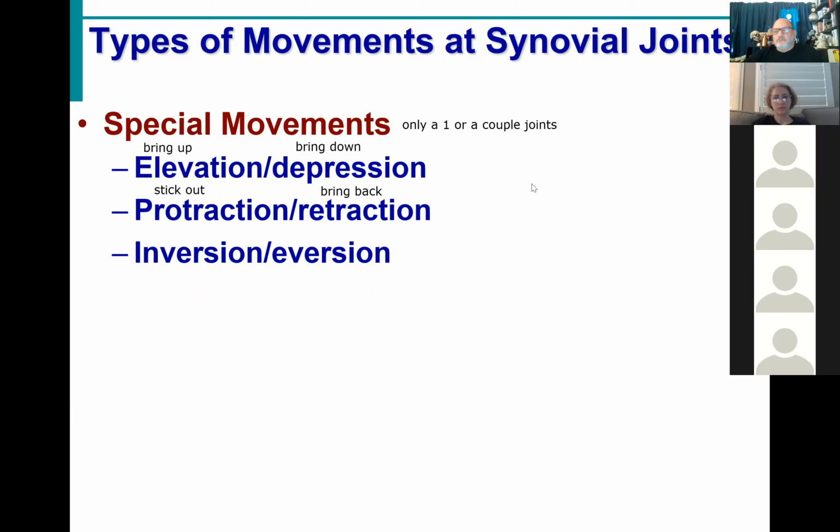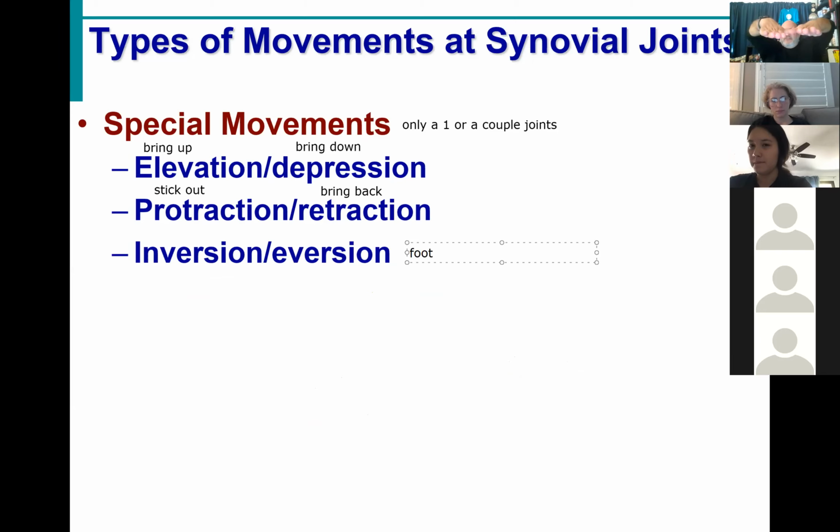All right. Inversion and eversion. Where do we do this? What joint, what part of your body can you invert and evert? How about the foot? Let's pretend these were my feet.